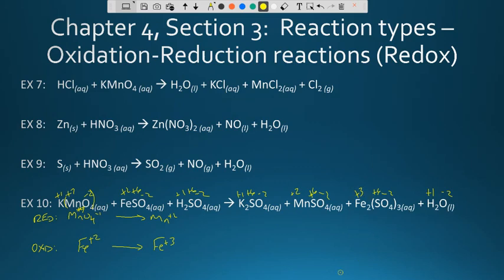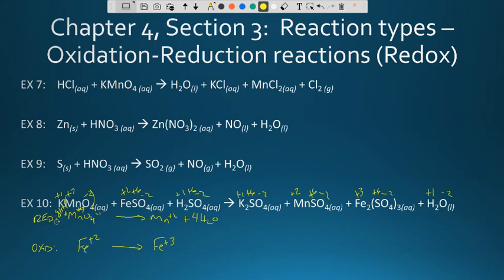Okay, so let's go ahead and balance our elements. Those are done. I need to balance my oxygens, so I'm going to add in 4 waters. Okay, now I need to balance my hydrogens. I have 8 of those. Hydrogens are balanced. Now I need to balance my electrons.